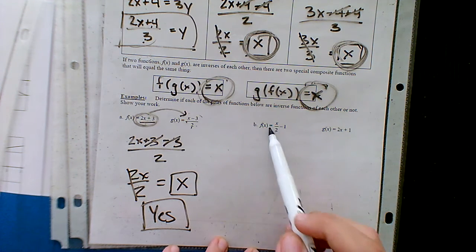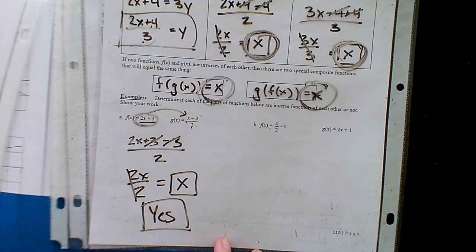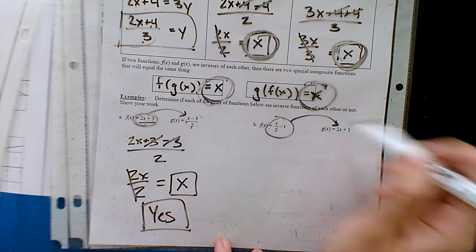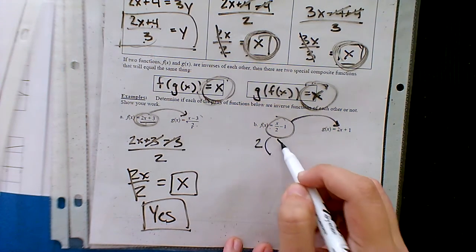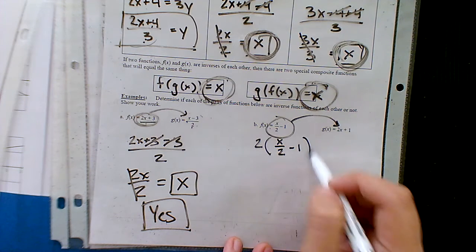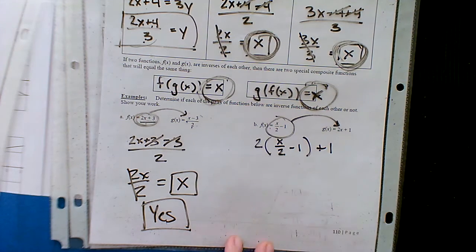So you get to pick. Do we want to put f into g or g into f? It doesn't matter. You just got to pick one of them. That's fine with me. So we'll have 2 times x over 2 minus 1, and then we need to add 1.